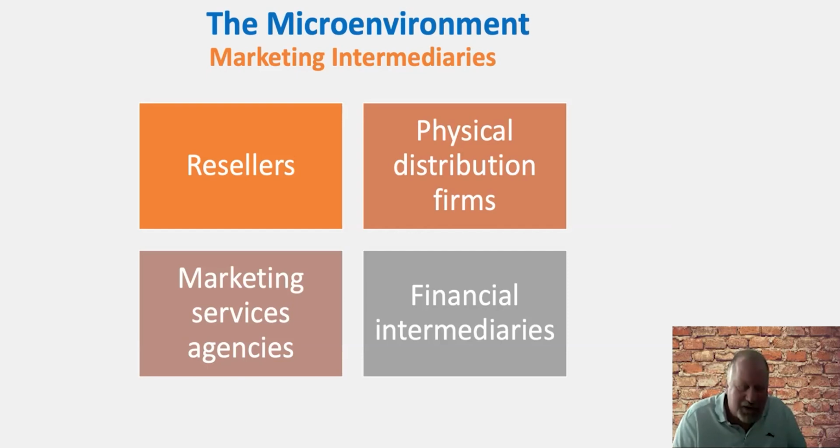And then lastly, we have what we call financial intermediaries. These are banks, these are lending institutions, these are financial service companies. So these are companies that help you to make financial offerings behind your products. I'll give you an example of this. When an auto dealership is selling you a car, they will often offer you, instead of buying it cash, financial terms.